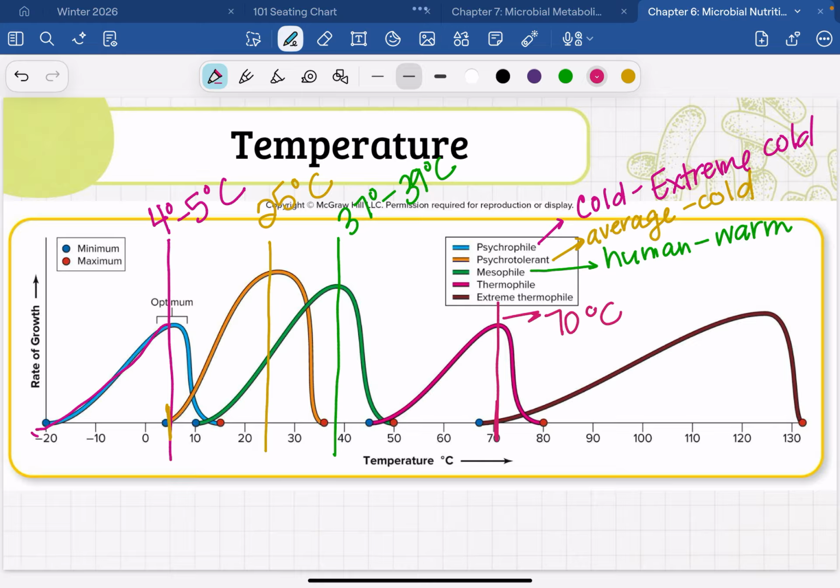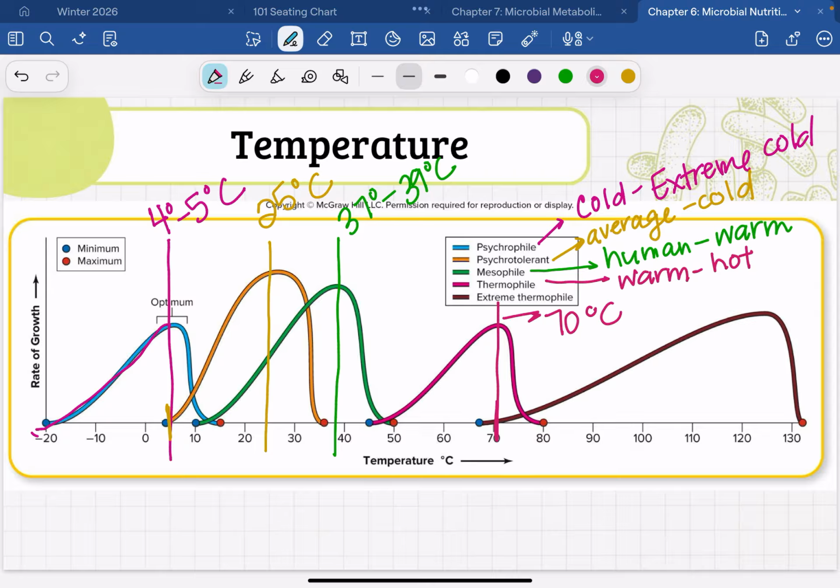I always think Celsius is easier because 0 is freezing, 100 is boiling. So this isn't quite boiling, but it's warmer than a human body. Okay, so it's somewhere in between a human body and boiling temperature. It's kind of warm. So I put these into warm, they like warm to hot environments.